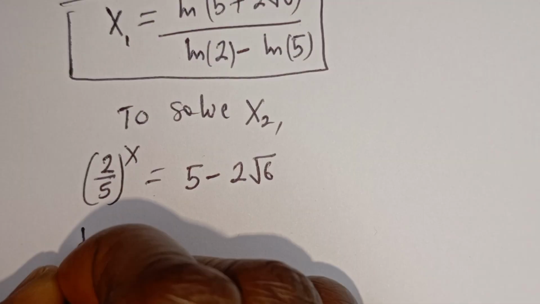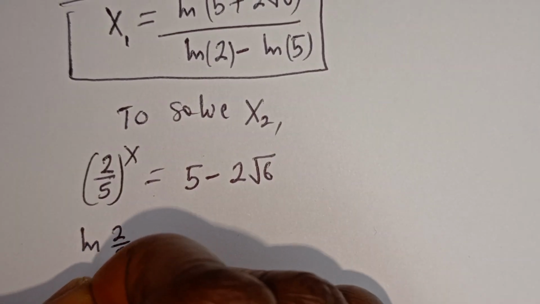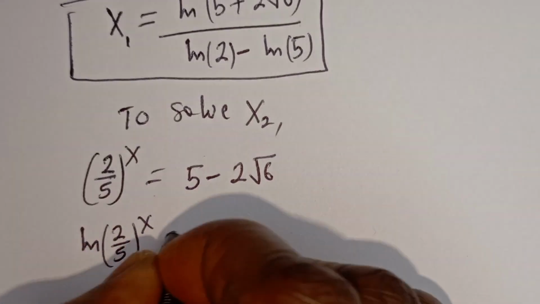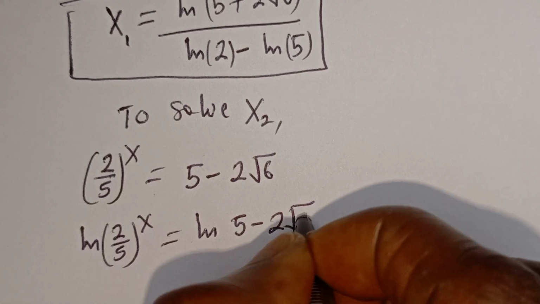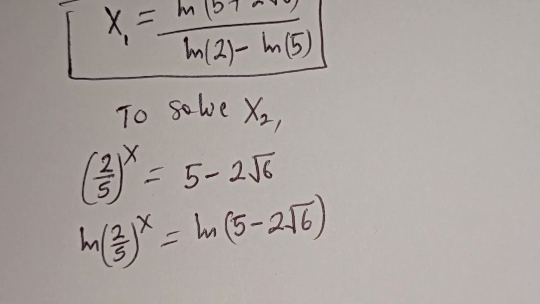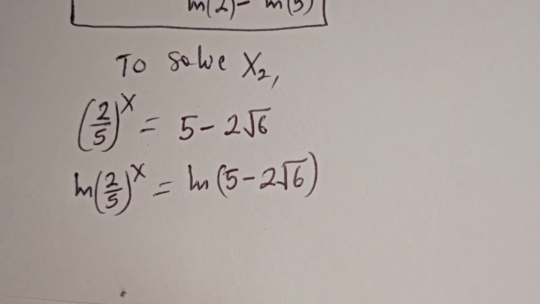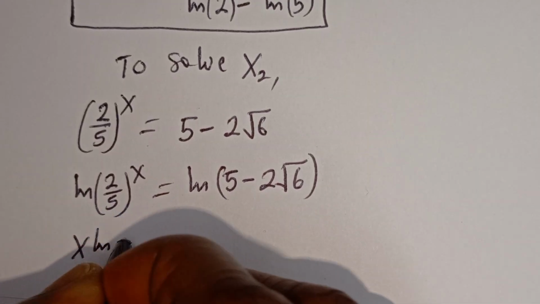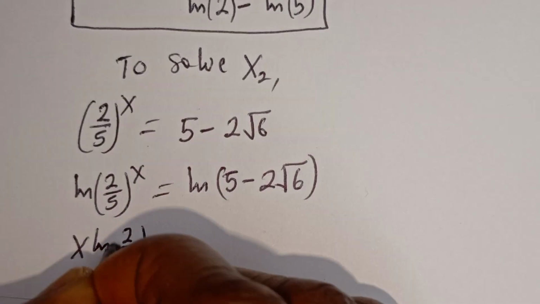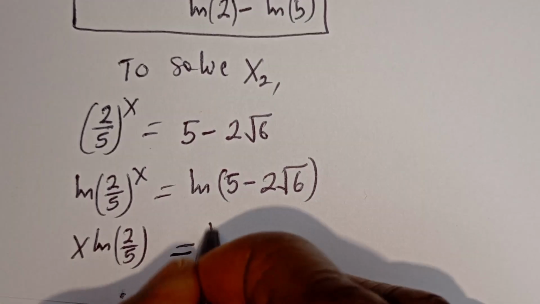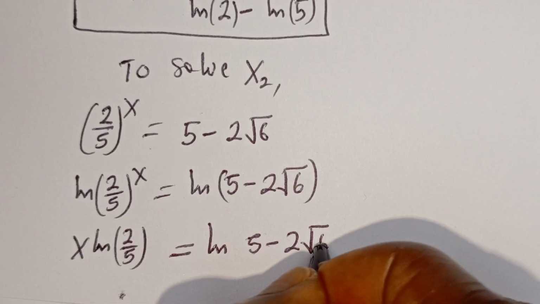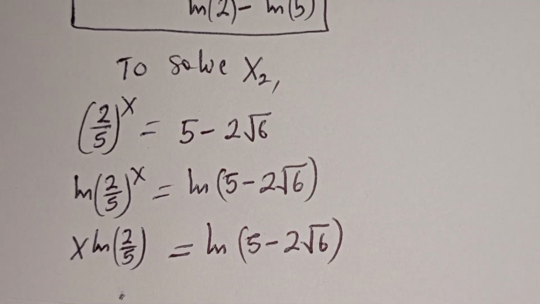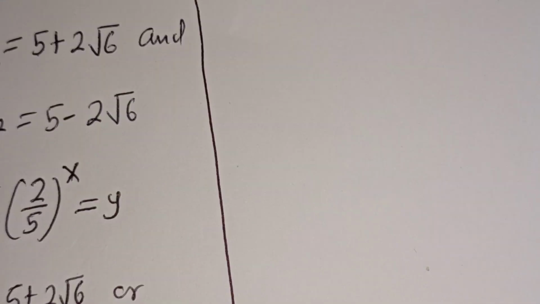We have ln of 2 divided by 5 to the power of x is equal to ln of 5 minus 2 root 6. Now we have x ln of 2 divided by 5 is equal to ln of 5 minus 2 root 6.